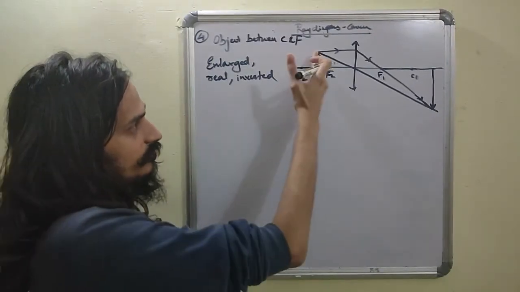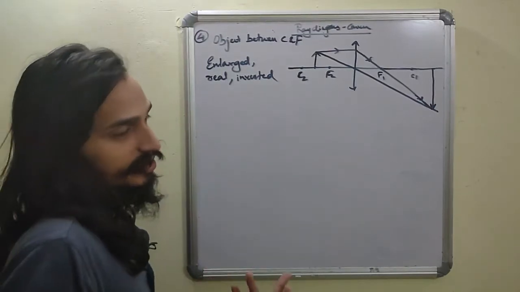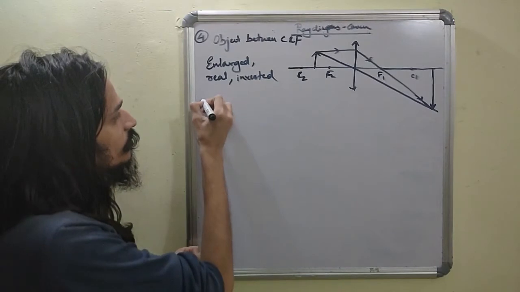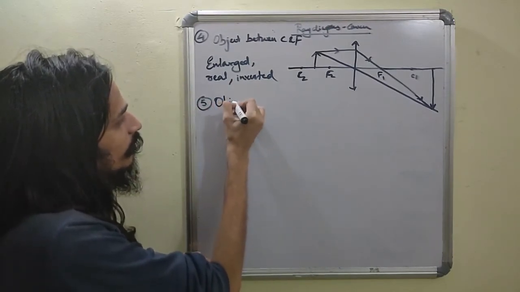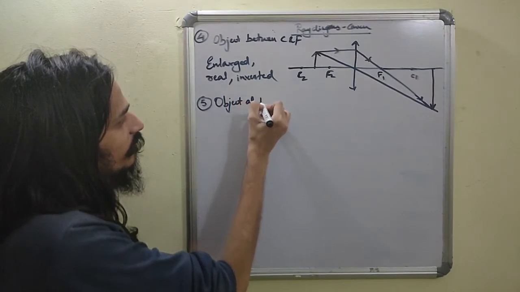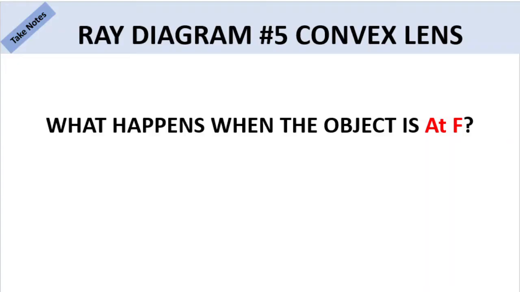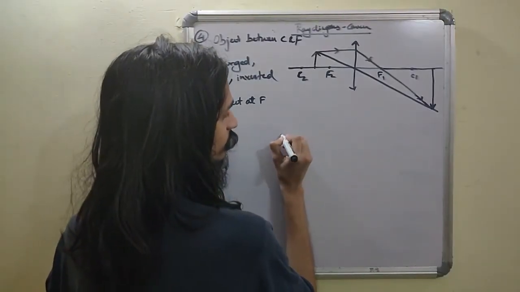Now, time to bring this object one step forward more. We'll put it at F, which is at the focus. So this is number 5, object at focus. Now, again the same diagram.